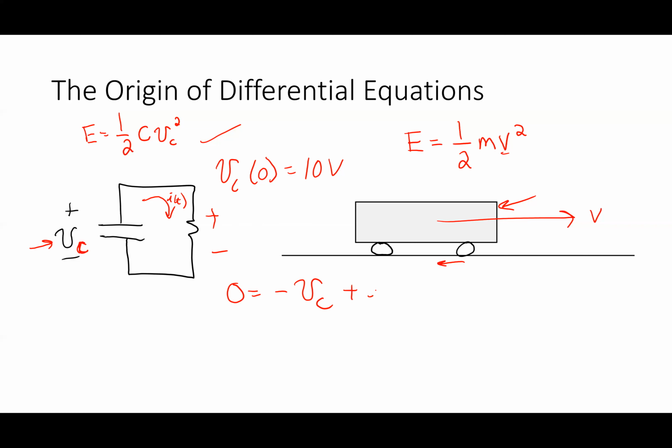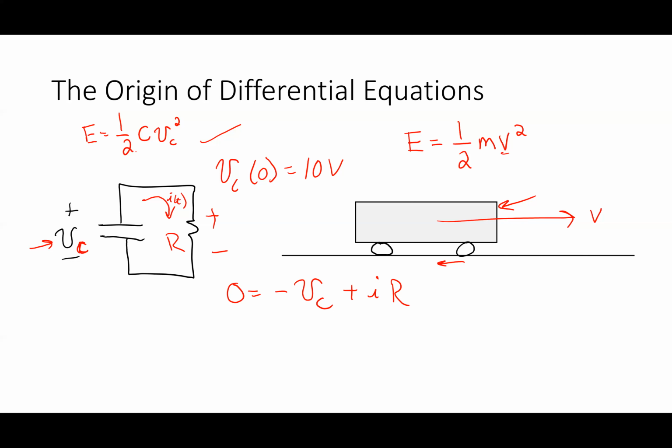So for this resistor, I have I times R. So I'll call that R, like that. What's I in this circuit? What's that? Yeah, it's current, but what's the formula for it? C dV dt, all right?